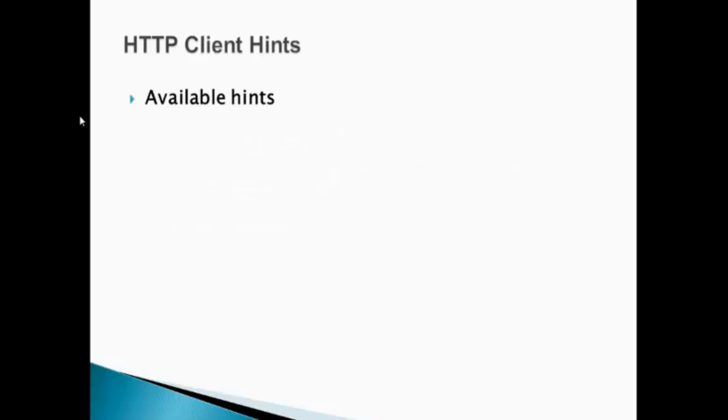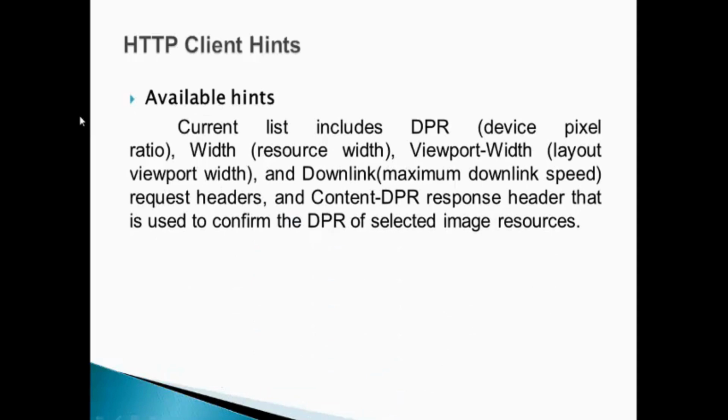The current list of available hints includes DPR, device pixel ratio; Width, resource width; Viewport-Width, layout viewport width; and Downlink, maximum downlink speed, as request headers; and Content-DPR, a response header that is used to confirm the DPR of selected image resources.